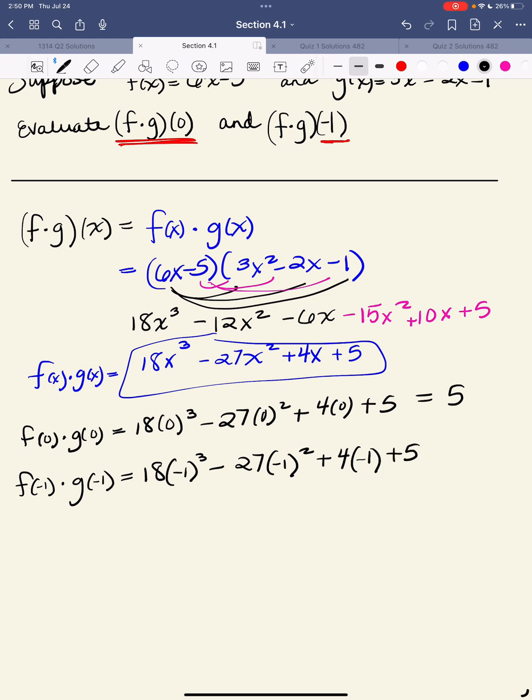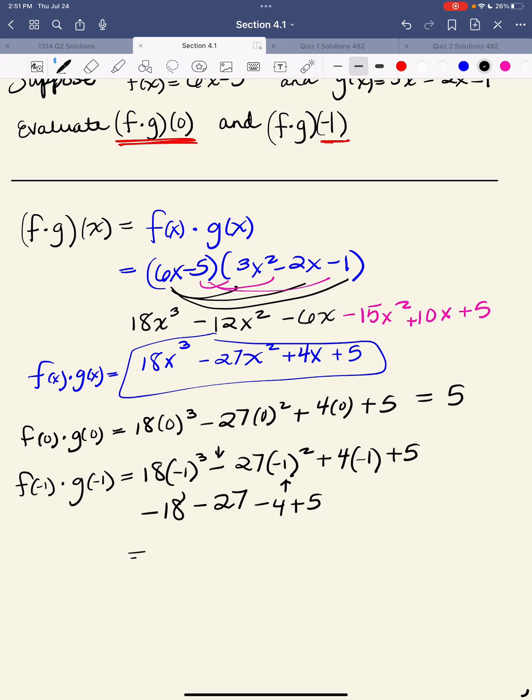So we know that this becomes a -18 because the -1 cubed is just -1. And then here we have minus 27 because when we have our -1 and we square it, it makes this a positive 27, but the minus that was in front kept it negative. Then I have minus 4 plus 5.